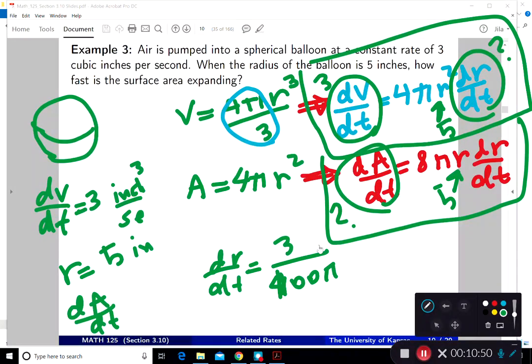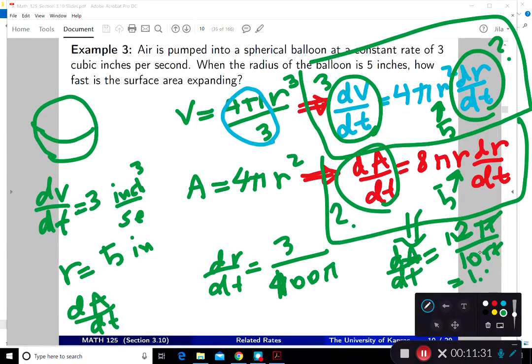And then I plug that back into here, and then I solve for dA/dt equal to 8 pi times 5, which is going to be 40, and times 3, which is 120, and then divided by 100 pi, which is 12 pi divided by 10 pi. Pi simplifies, and we get 1.2.